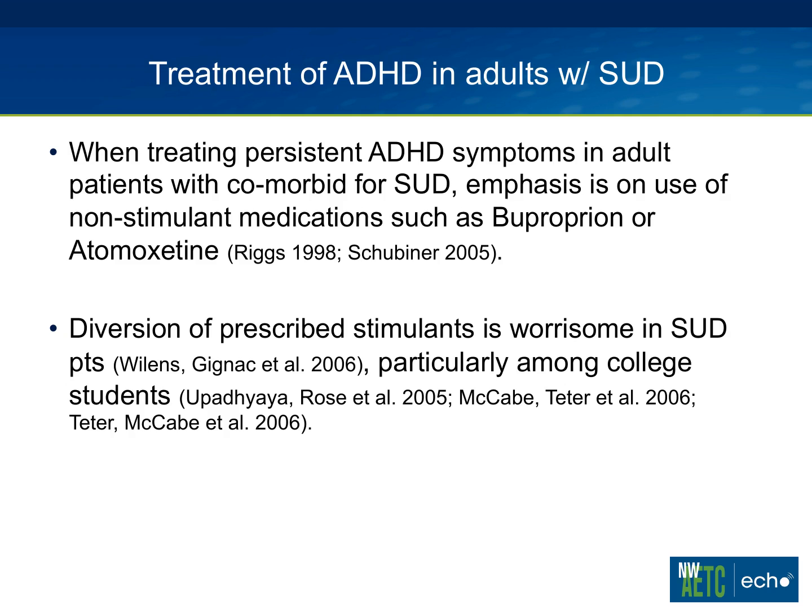Sometimes it's hard to get atomoxetine authorized through insurance companies. I've had trouble with that. And we do have to worry about diversion. It's particularly a problem with patients with substance use disorders because they can trade the ADHD medication for something of their preference. And diversion is also very common among college students.